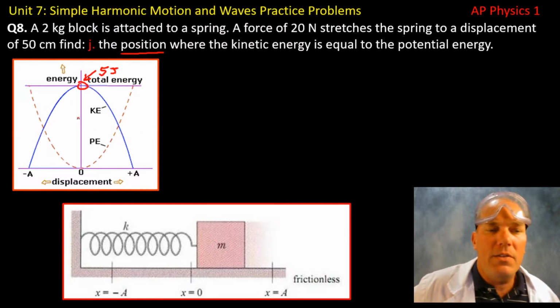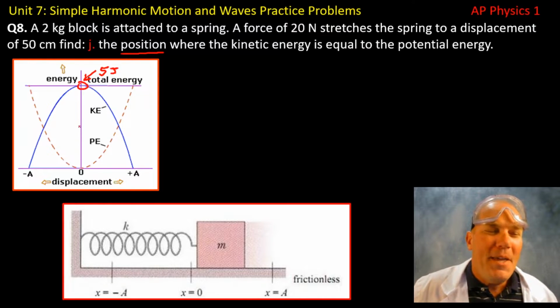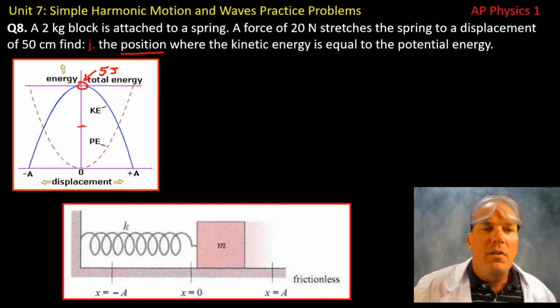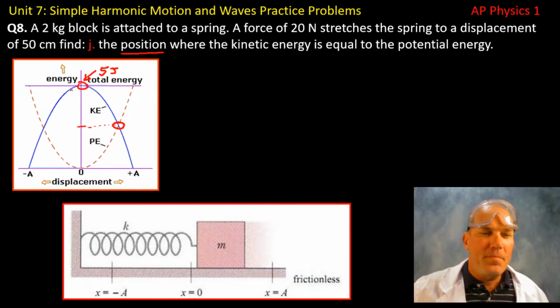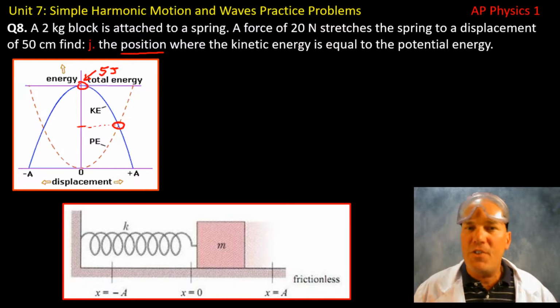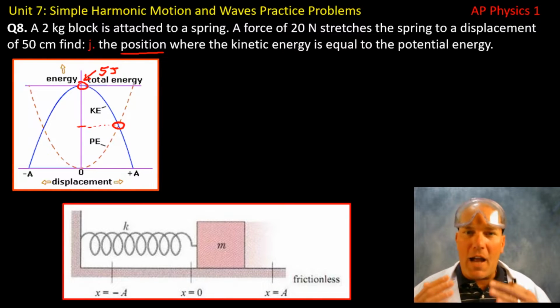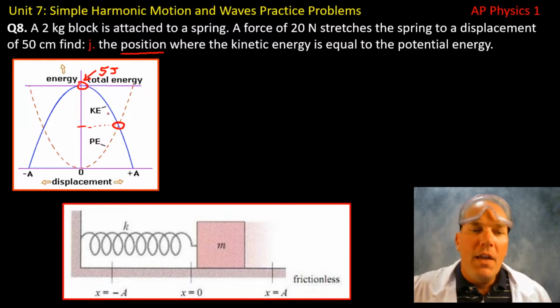We calculated that earlier on in this problem. And so I'm going to come right here to half. I want you to notice what's special about that location. At 2.5 joules of energy, we see that the kinetic energy graph and the potential energy graph intersect, which means they are identical at that point. Now, what's even more fascinating is if we come down here to the position.